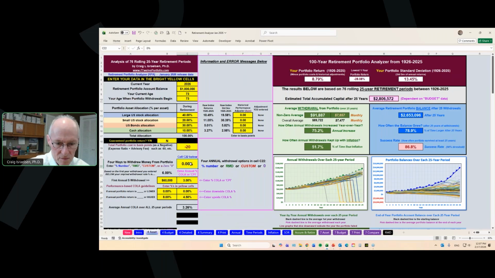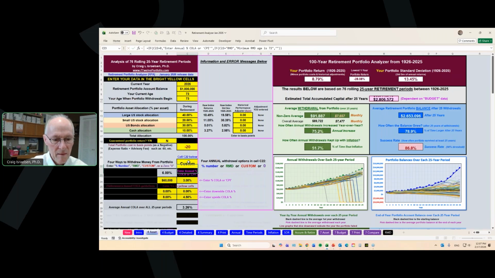The last option, as it shows right here, is custom. So I enter the word custom, I scroll down, and now it gives me control of how many dollars I want to withdraw in each year.